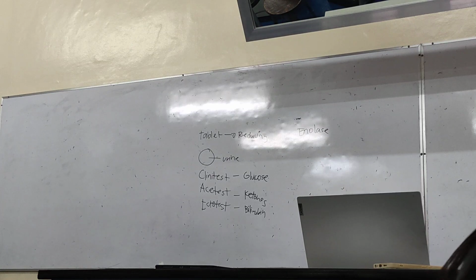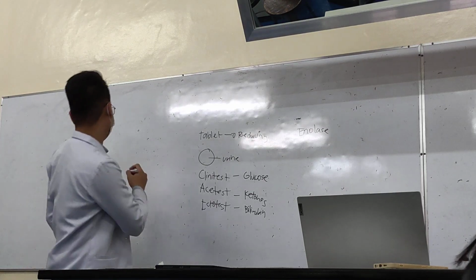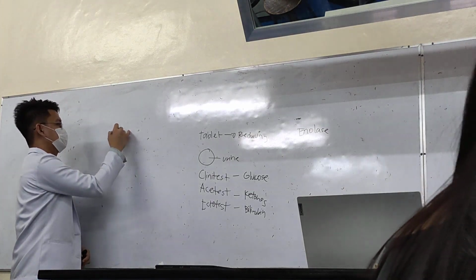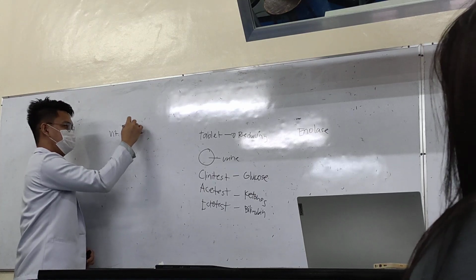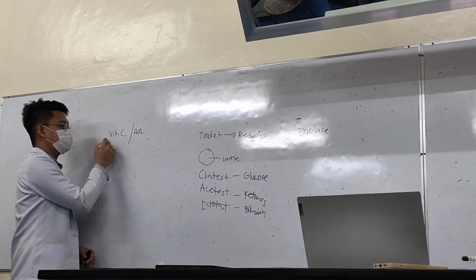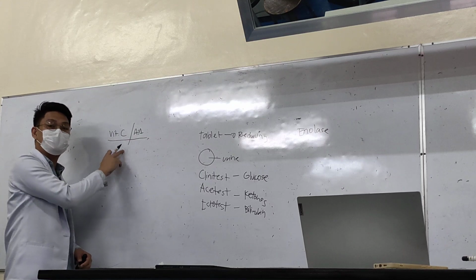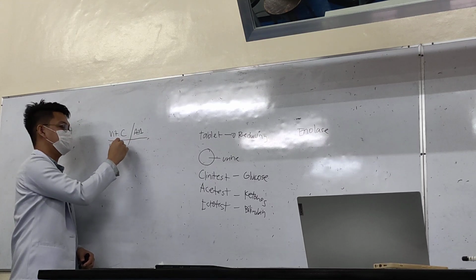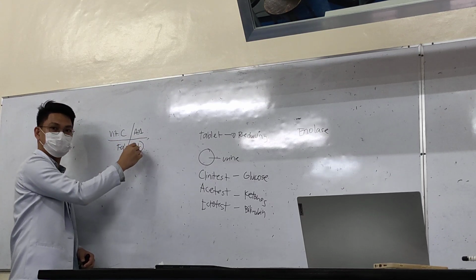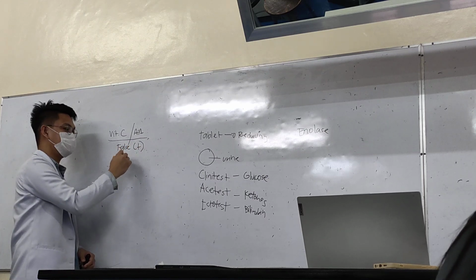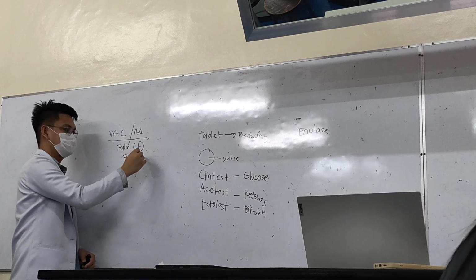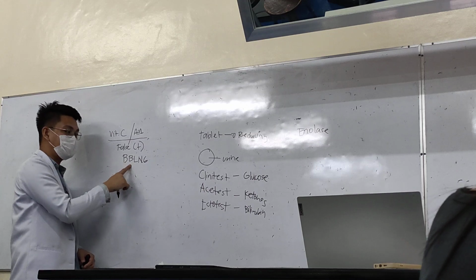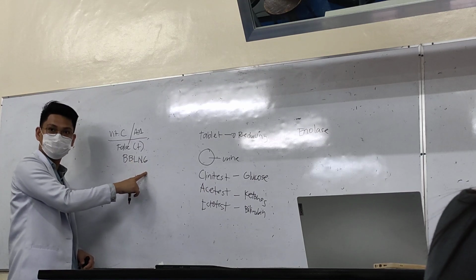So what if present ang vitamin C or ascorbic acid? If your patient is taking this medication, it can cause a false negative result. So the results, BBLNG: bilirubin, blood, leukocyte esterase, nitrite, glucose.